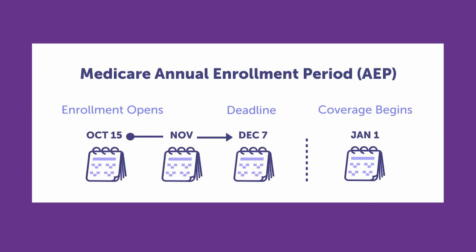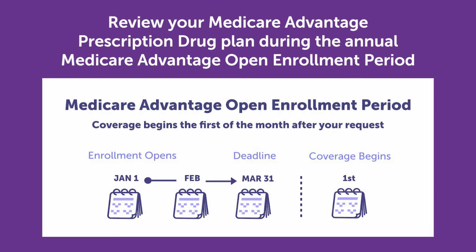During the annual enrollment period, you can join, unenroll, or switch Medicare Part D or Medicare Advantage prescription drug plans. Make sure you mark the annual enrollment period on your calendar. That is October 15th to December 7th annually. But bonus for people who are enrolled in Medicare Advantage, you can then review your plan options again during the Medicare Advantage open enrollment period from January 1st to March 31st.